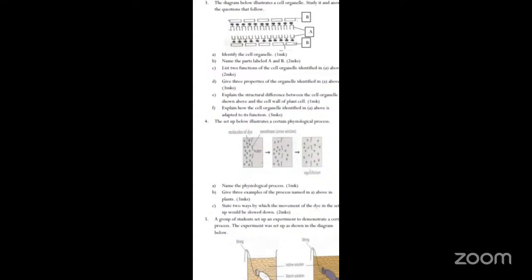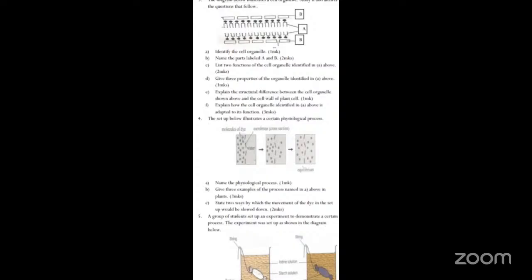So from there we can move on to the next question, question C. Now state two ways by which the movement of the dye in the setup would be slowed down. A very good question. Now remember we said movement of molecules from a region of high concentration to a region of low concentration is what we define as diffusion.